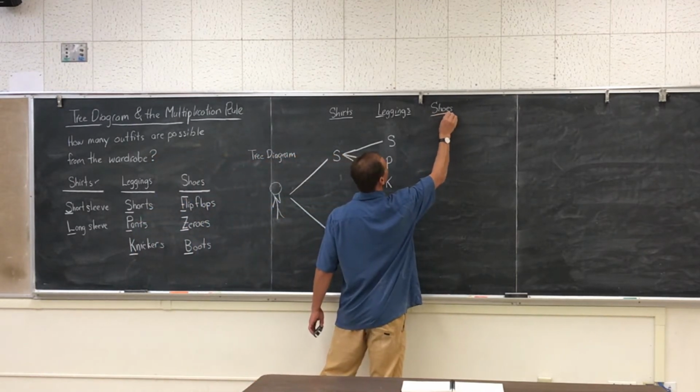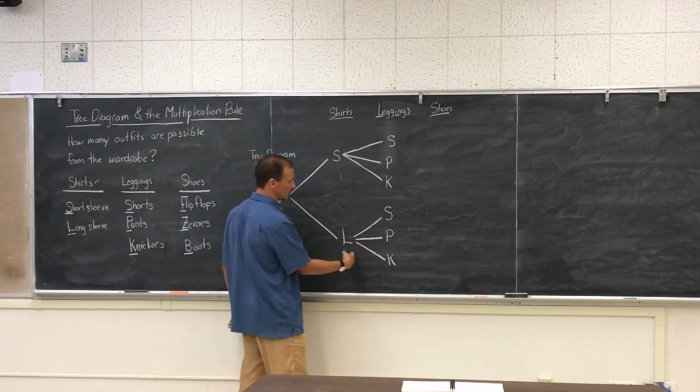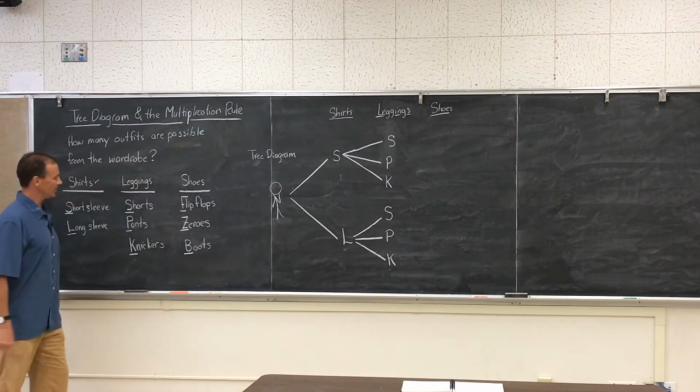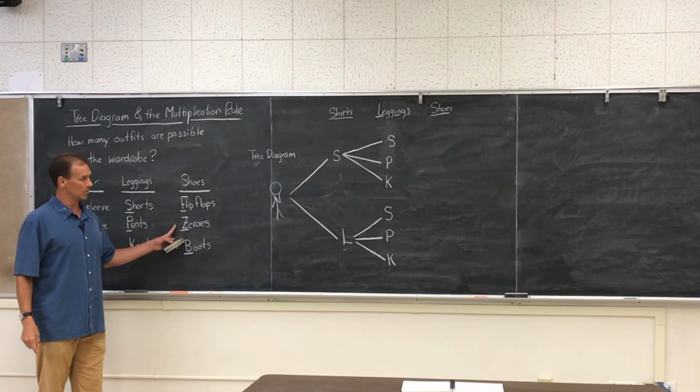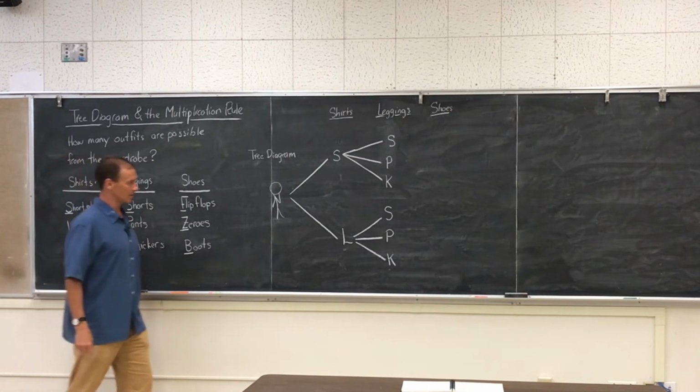Shoes. Now, let's think about this. Let's start here. I put on my long sleeve shirt, then I put on my knickers. Well, I have to decide. Should I wear flip-flops with my knickers and long sleeve shirt? Or should I wear zeros? Or should I wear boots?